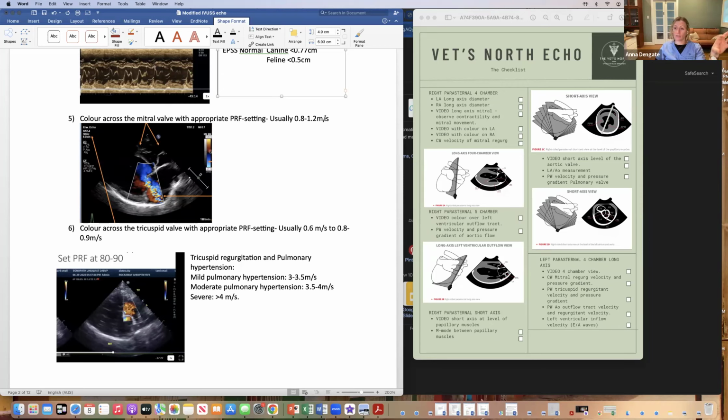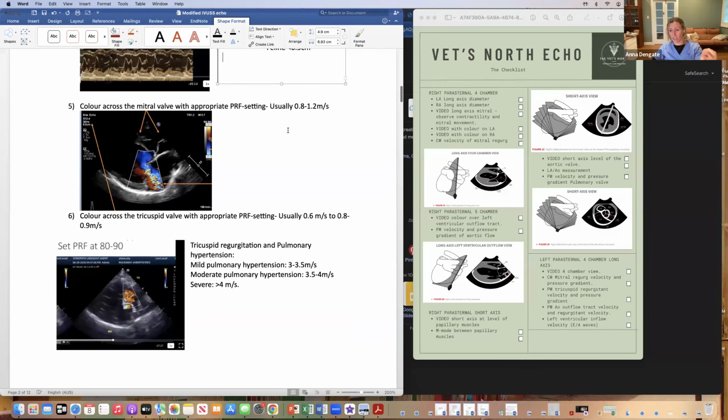And the PRF that you use is going to differ according to what velocity you're looking for. So this is a really nice cheat sheet to have with you if you're trying to remember what to use. I actually find, for me, my eyes, 0.7-ish, 0.73 is my favorite for mitral. Works best for me, but between 0.8 and 1.2 for mitral.